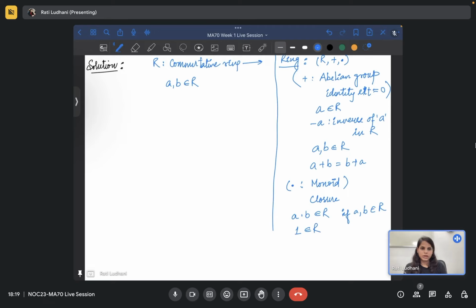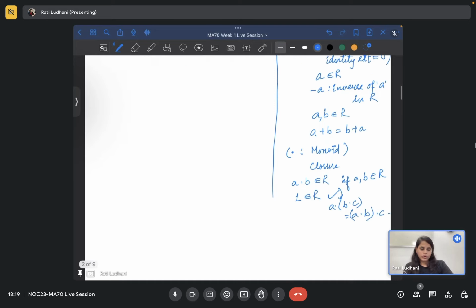So identity is always there in a ring. One belongs to R, and of course associativity is there: A dot B dot C is equal to A dot B dot C for all A, B, C belonging to R, and we have commutativity with respect to multiplication. That means A dot B is equal to B dot A for all A, B belonging to R.